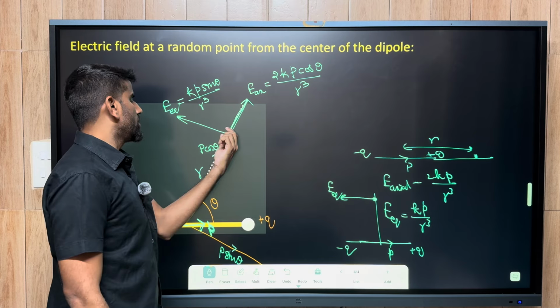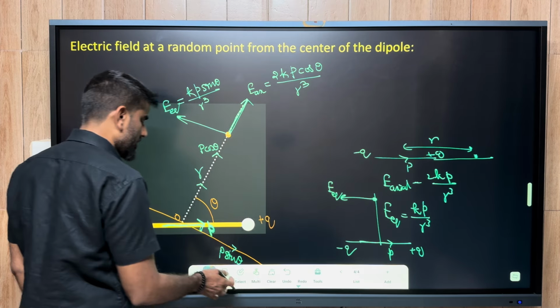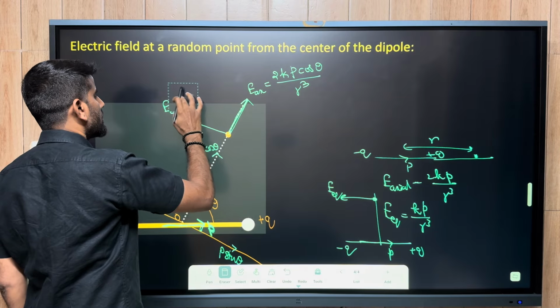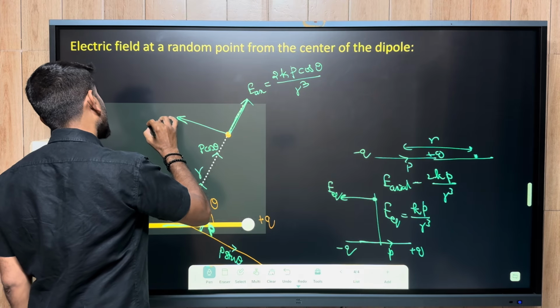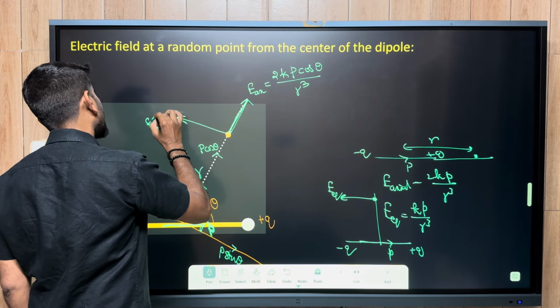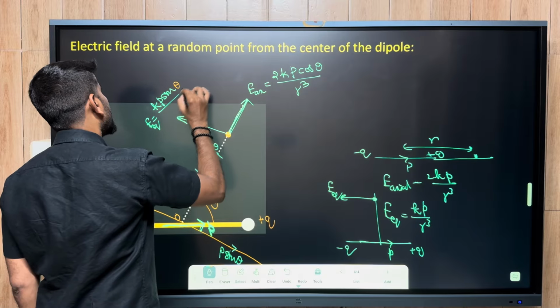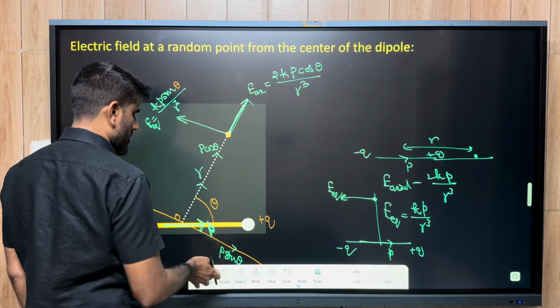So this equatorial line electric field is acting in this direction, and the axial line electric field is acting in this direction. Let's write this. E equatorial is equal to k P sin theta by R cube.